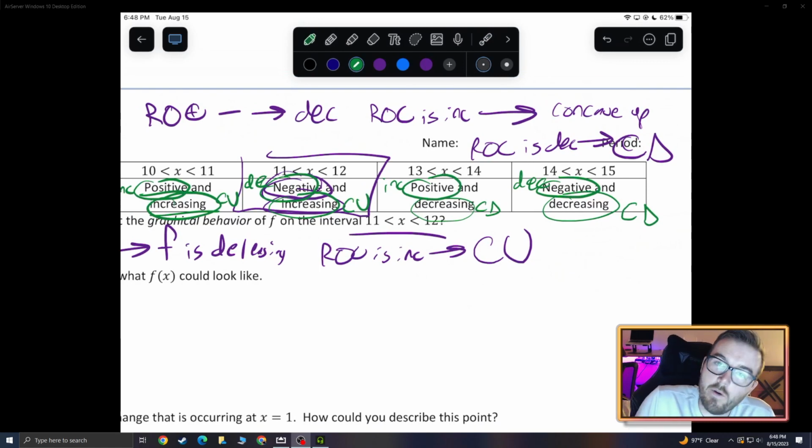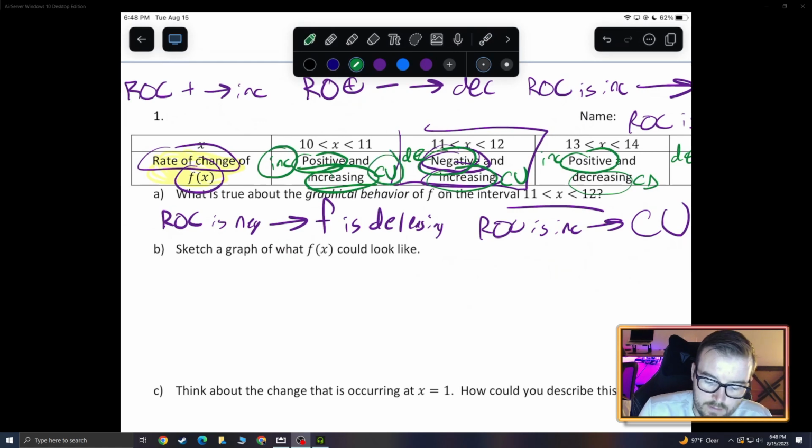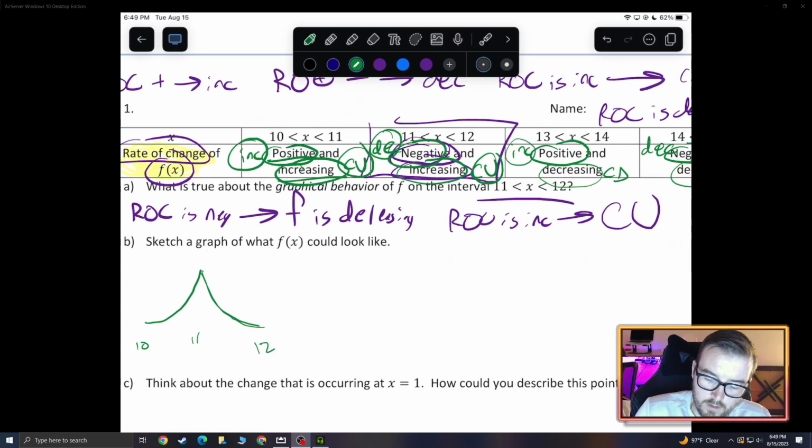And again, I know it's tough. You're like, you keep saying increasing and decreasing, I can't keep track. That's because there are two separate things that we're discussing: the rate of change of f, and f. So what does increasing and concave up look like? What does decreasing and concave up look like? What does increasing and concave down look like?